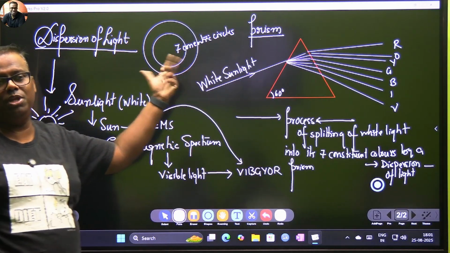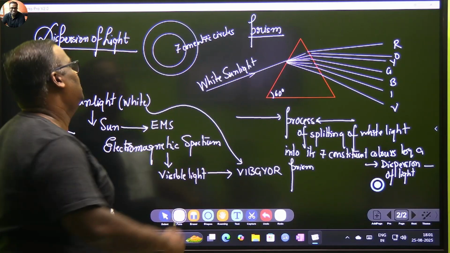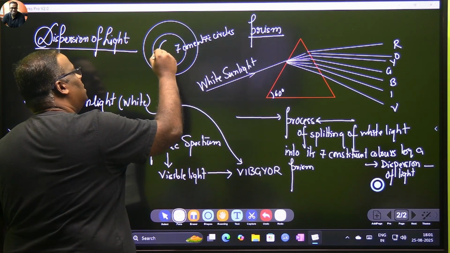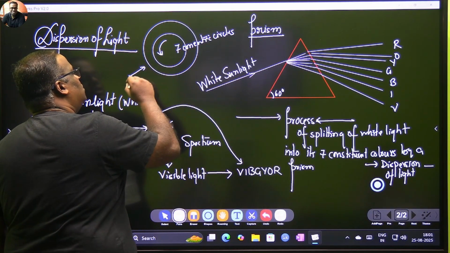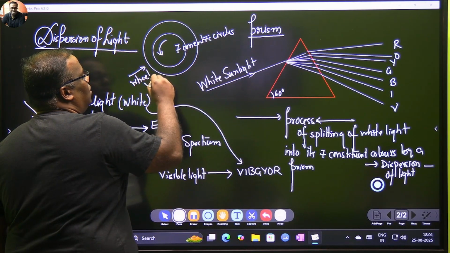Once you spin this at a high speed, all you will see is white color. The wheel will appear white in color to you.